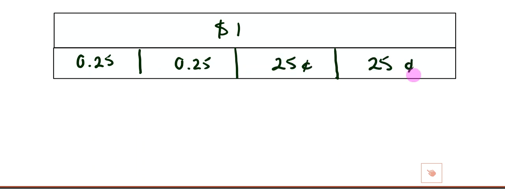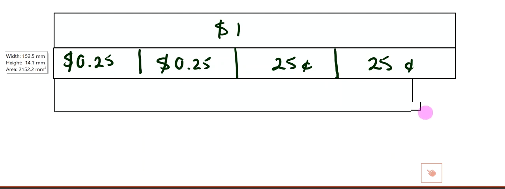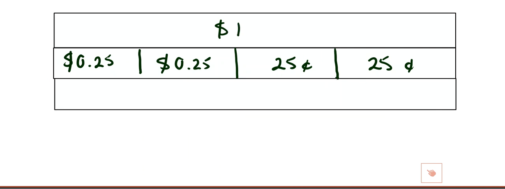Now, do we have less than 25? What's the next below that? Tens. Yeah, we do have some tens. So, the next bar down is for the next smallest coin. I'm not doing this very well, but you get the idea, yeah?